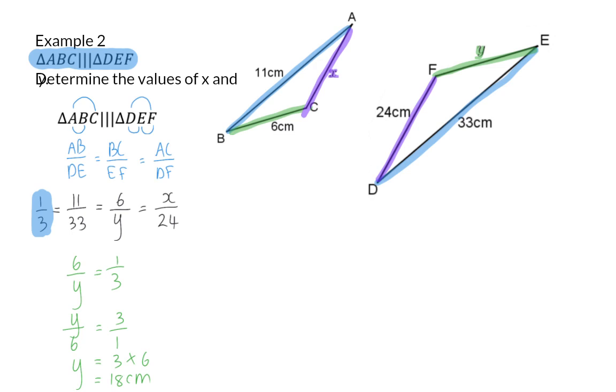Similarly, to solve x, I'm going to set up another equation. So x over 24 should also be the same ratio of a third. Again, to solve x, I'm going to multiply, and this time it will be a third multiplied by 24. That is similar to saying 24 divided by 3, which means that x is 8 centimeters.